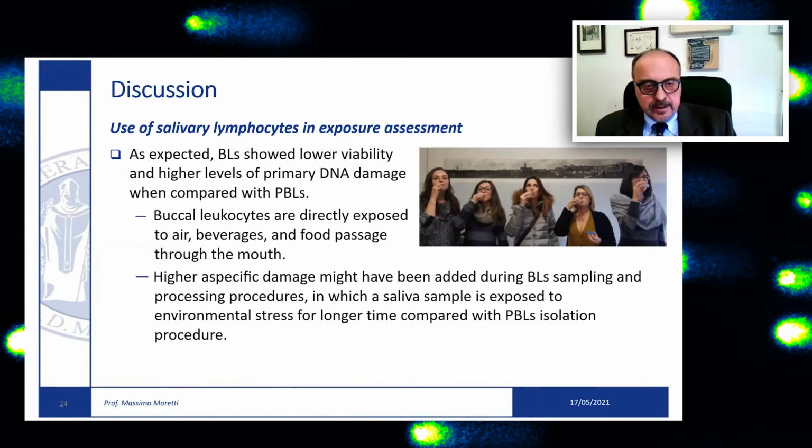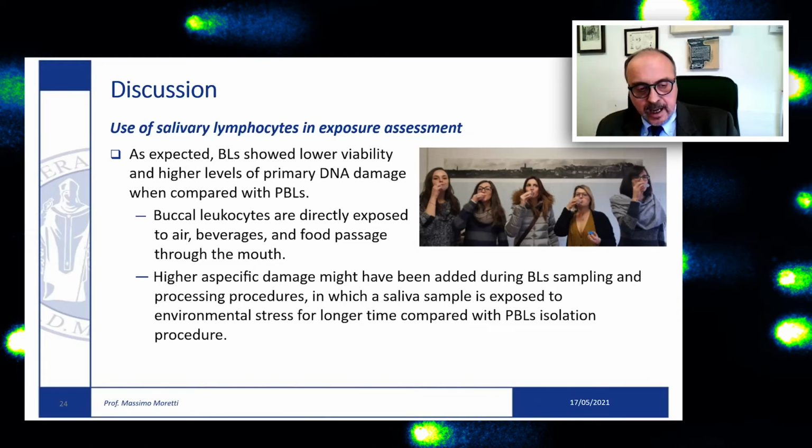As expected, buccal lymphocytes showed a lower viability and higher levels of primary DNA damage when compared with the peripheral blood lymphocytes. We suppose that this is a consequence of the stress to which the buccal lymphocytes are exposed, for example, to air, to redox stress of oxygen, and so on.